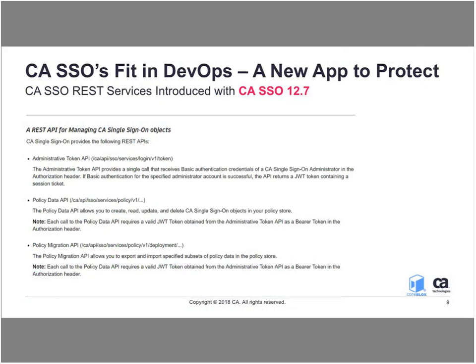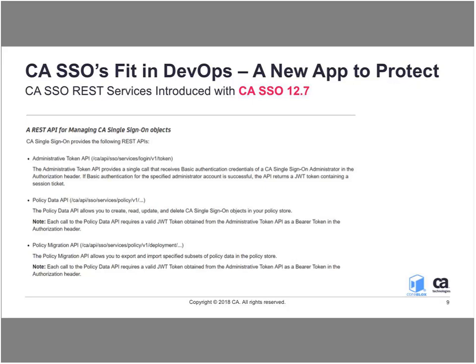So what did we do in CA SSO to help create this foundation? We started with the 12.7 release and introduced a REST service on top of CA SSO, which enables a more streamlined way, a more complete way for making changes to the policies that are enforced by CA SSO.